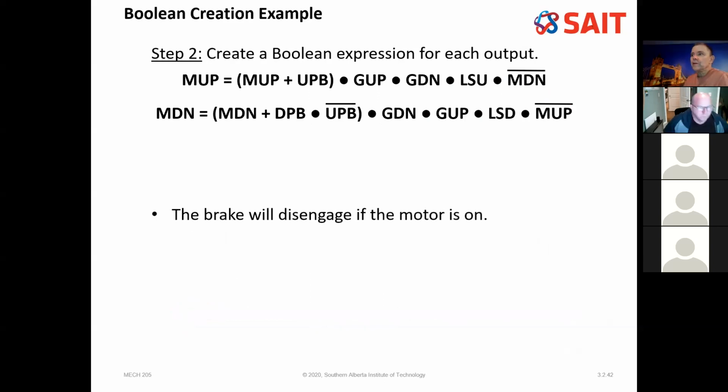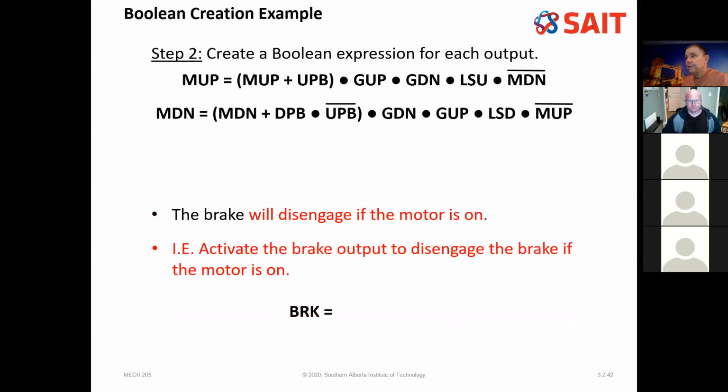Okay, what's another term? The brake will disengage if the motor is on. So there's the brake equals, it'll activate the brake output to disengage the brake if the motor's on. So really, it says brake, but I would call it a brake release. A brake release may be more descriptive of this thing, because it's not really a brake. I think Adam's group called it a not brake, right? An unbrake. I would call it a brake release is what it really is.